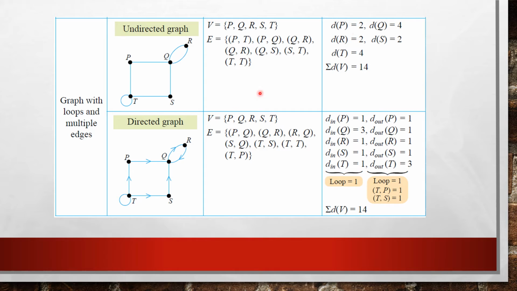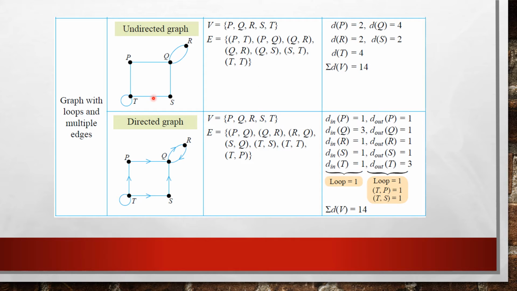Degree of P: there are 2 lines connecting vertex P, so degree of P is 2. Degree of Q: there are 4 lines including 2 multiple edges here, so degree of Q is 4. Degree of R: there are 2 lines, multiple edges, connecting R, so degree of R is 2. S also has 2 lines connecting vertex S, so degree of S is 2.